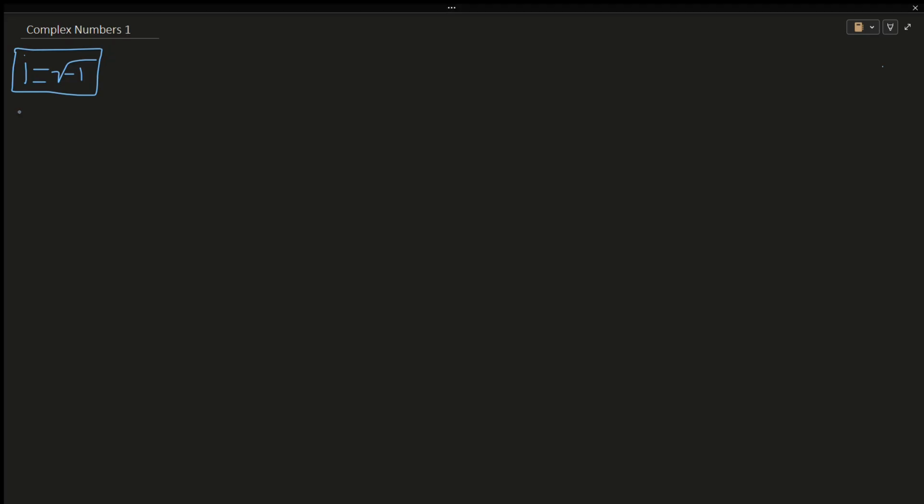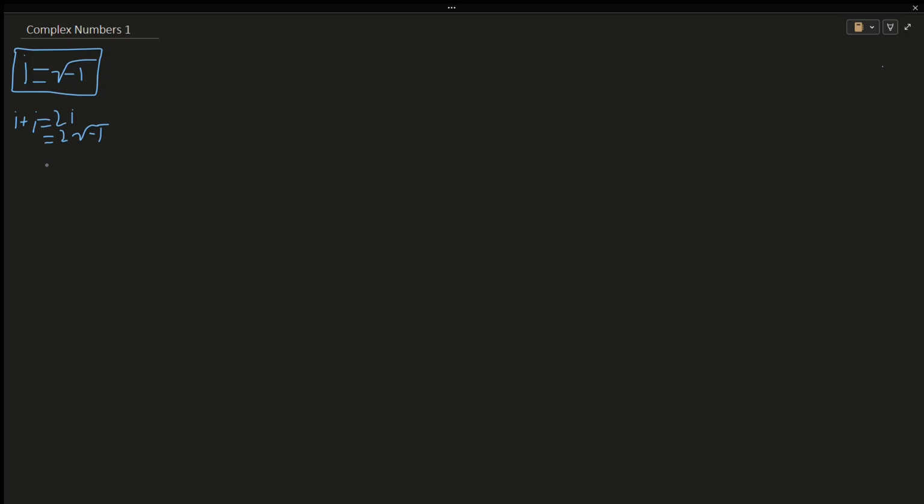A lot of the imaginary numbers follow the basic operations. So we can have i plus i would equal 2i, for instance, right? And that'll be exactly the same as 2 roots -1.